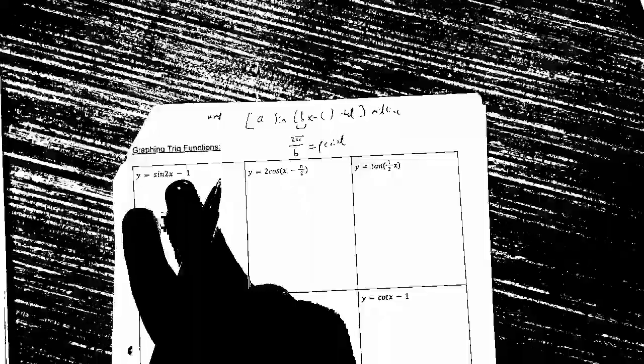If we have a sine quantity bx minus c plus d, a is the amplitude, d is the midline, and 2 pi divided by b is the period. Here, because my b is 2, my new period is just pi. And then that minus 1 is just going to lower everything by 1.